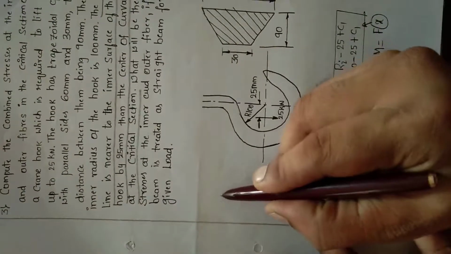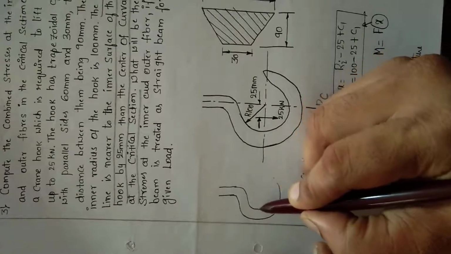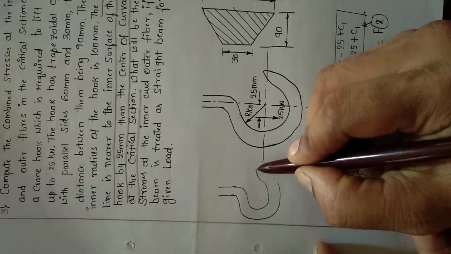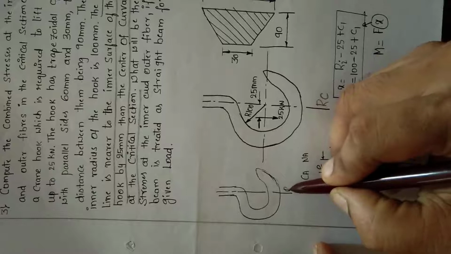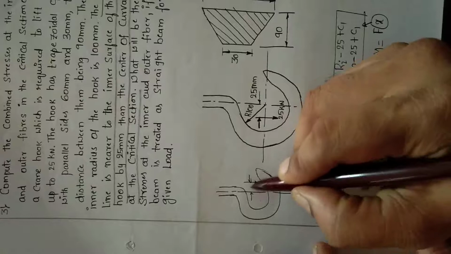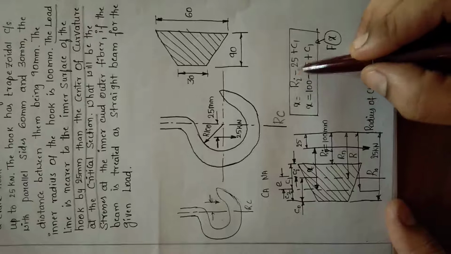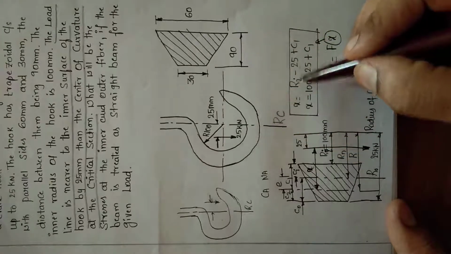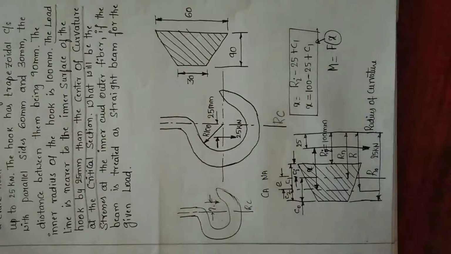Sometimes there is a chance, from the hook, that the load may be applied somewhere away from the radius of curvature. In that case, instead of Ri minus 25, we have to use Ri plus this value. So this is the shift, or offset, of the force from the radius of curvature.